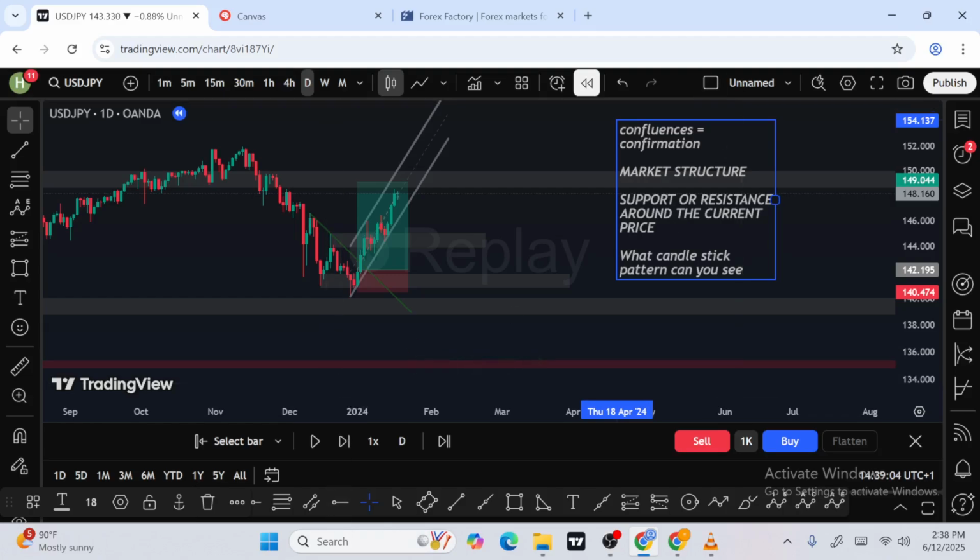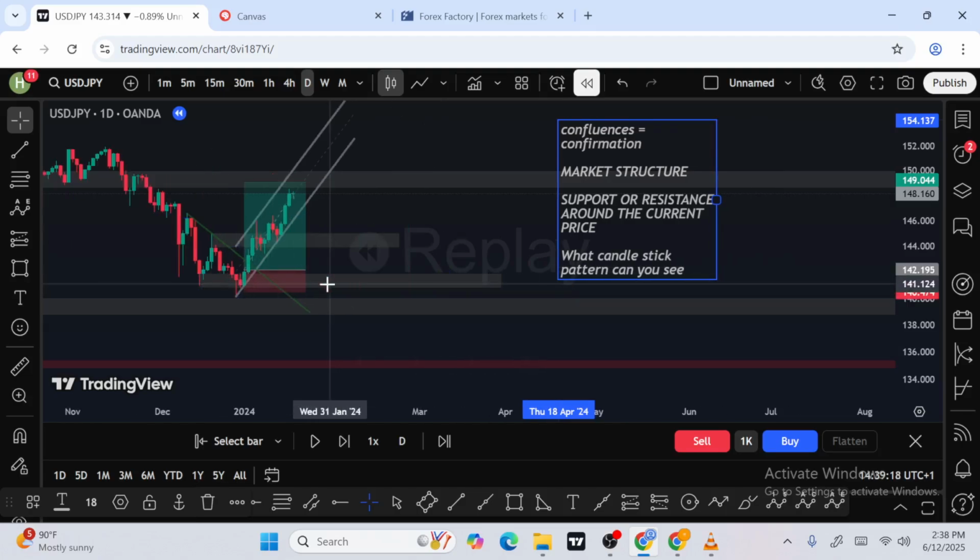That is your confluence. So what candlestick pattern can you see at this your support? A bullish pin bar. Yes. Or another word, hammerhead, or another word. What do they call this, the indecision candle?